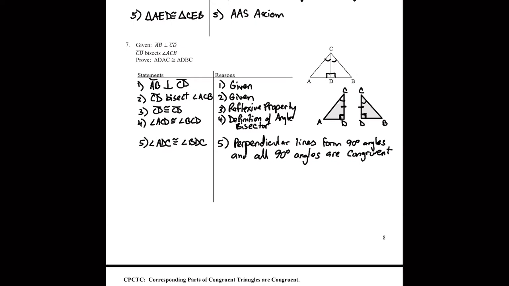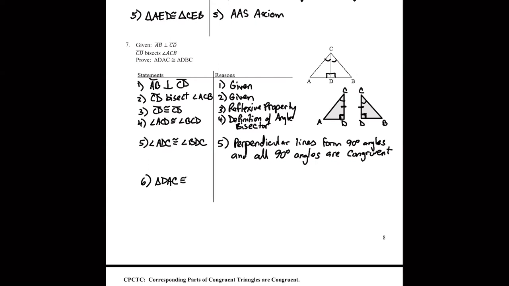So now I have enough to say that the two triangles are congruent. That's triangle DAC. I could say ADC, but they said DAC, so I want to say what they said.